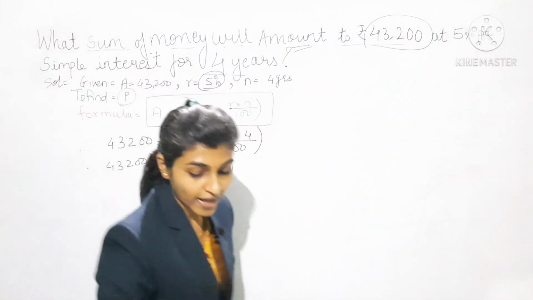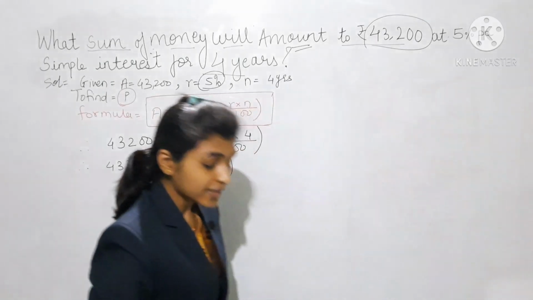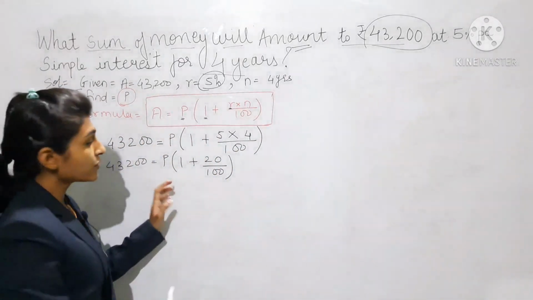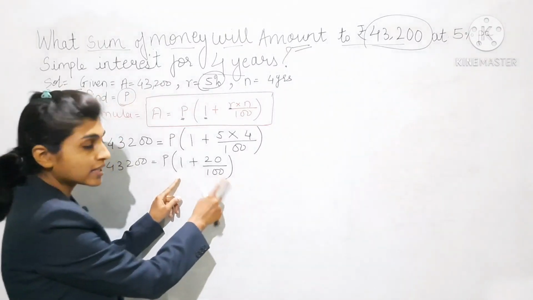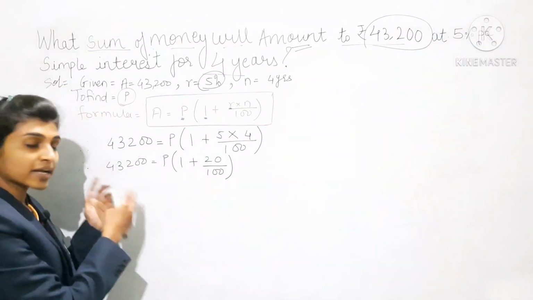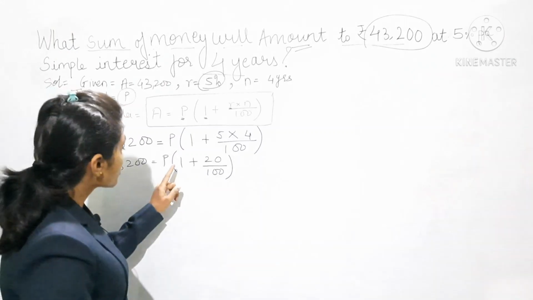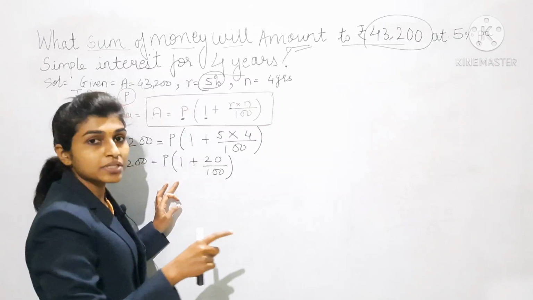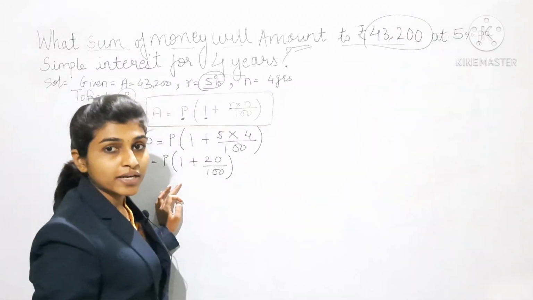Now many times students will add. First you have to solve the bracket, then outside the bracket we will solve later. So what students will do is 1 plus 20, that means 21 divided by 100.